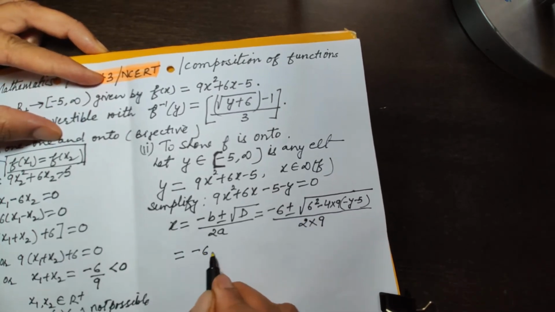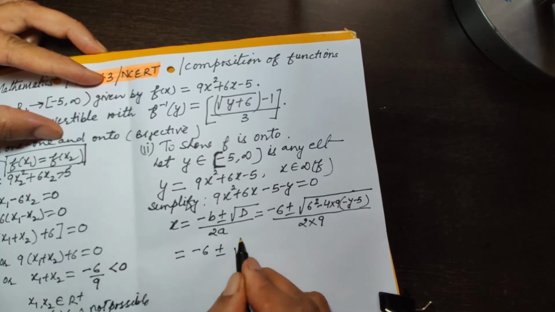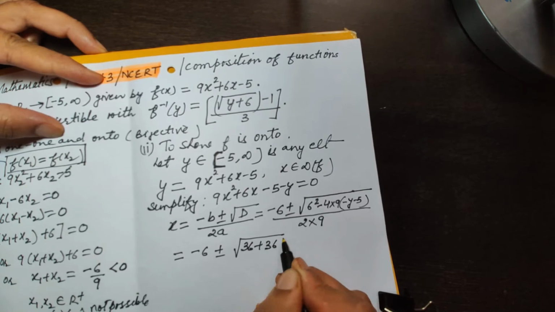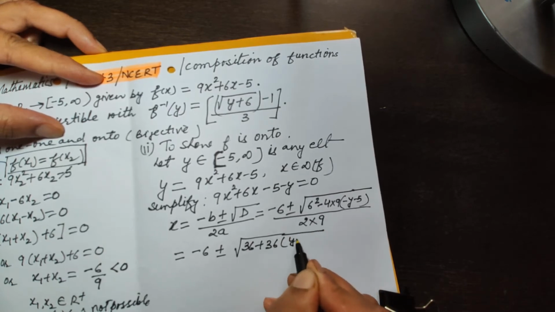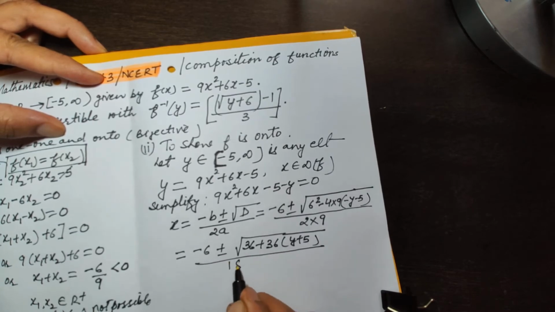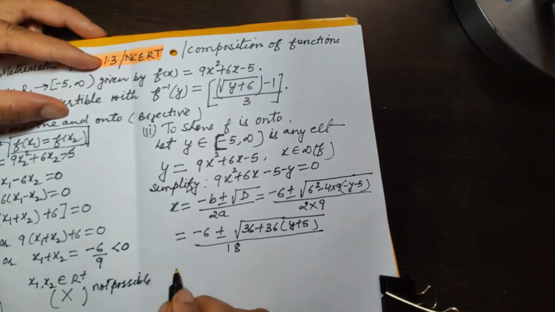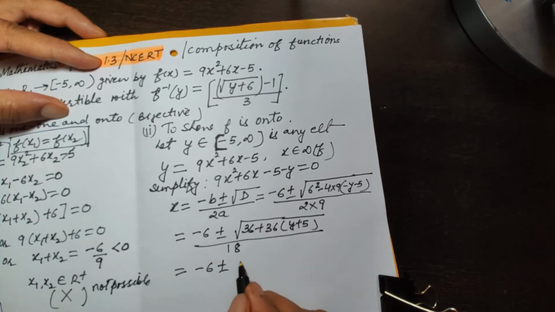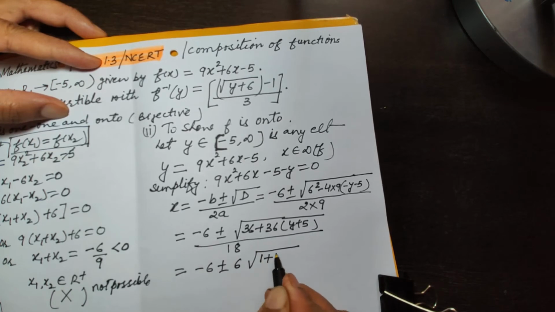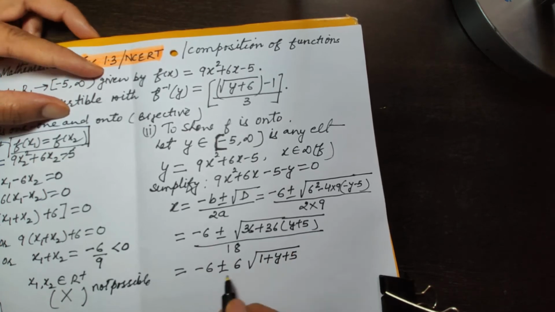So simplify further. This is minus 6 plus minus under the root of 36 plus 36 times (y plus 5) divided by 18. What can you take common? Minus 6. From here 6 is out, so you are left with 1 plus y plus 5 upon 18.